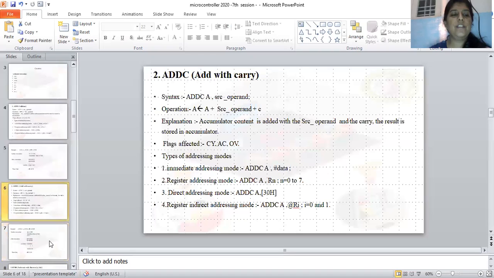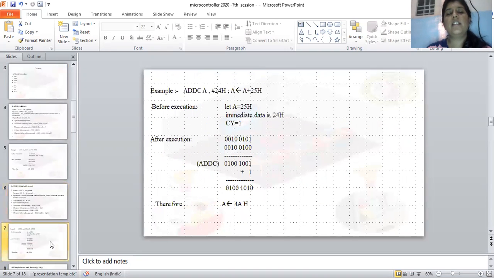Consider an example for this instruction: ADDC A, #24h. Let us assume that the accumulator contains the data 25h. Here we already considered the immediate data as 24h. Then the carry bit will be equal to 1.